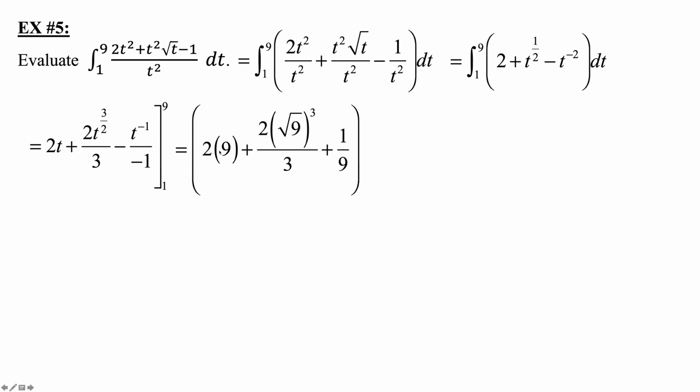So 2 times 9, then 2 times, so t to the 3/2 is really the square root of 9, or the square root of t, then cubed. And I'm going to take the square root of 9 first, which is 3, and then I can cube it over 3. And then my t to the negative 1 is just 1 over t, so that's 1 over 9 for my first value of 9 I plugged in.